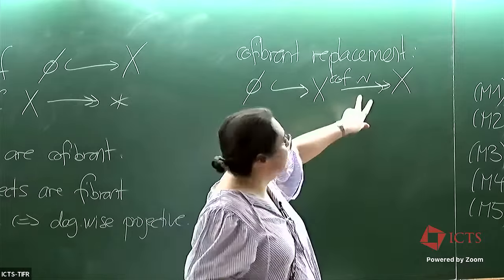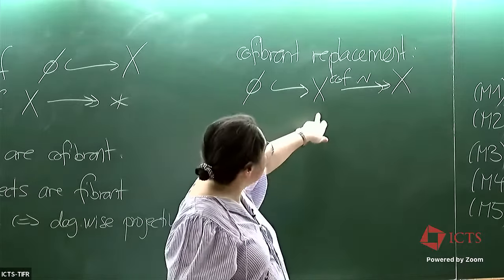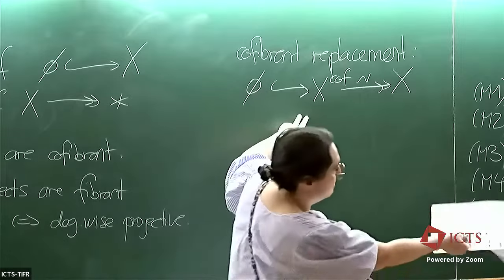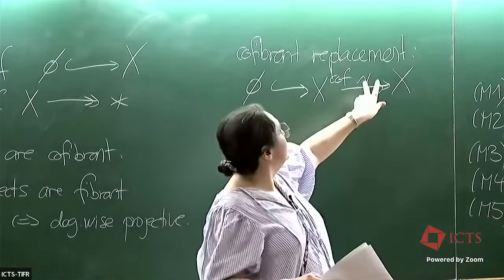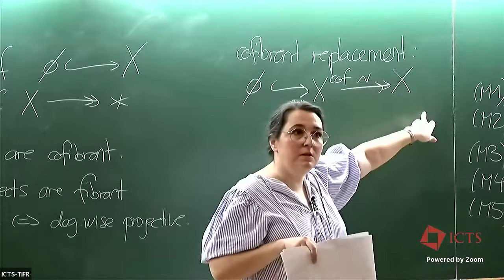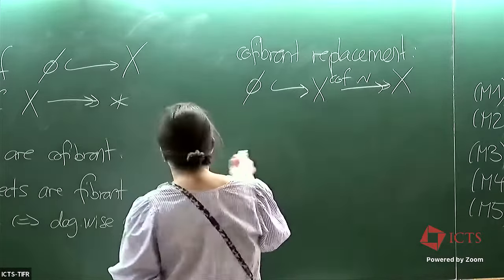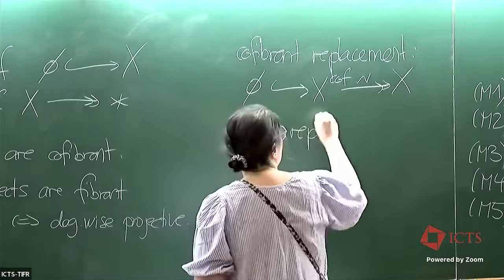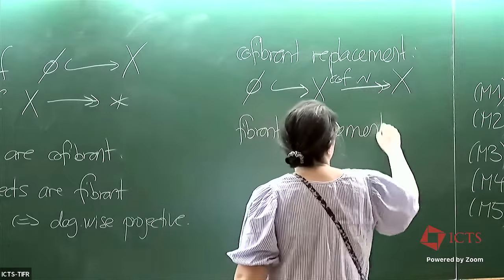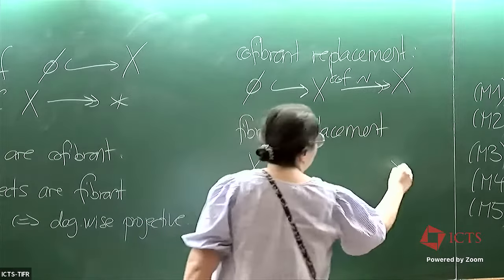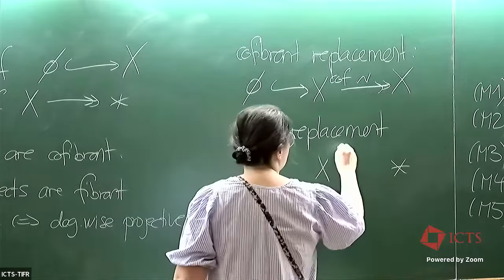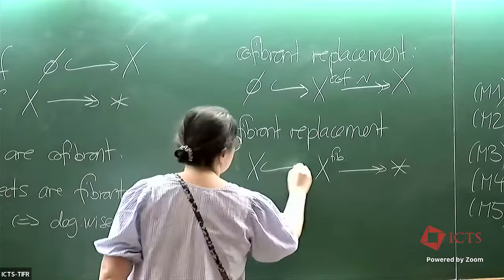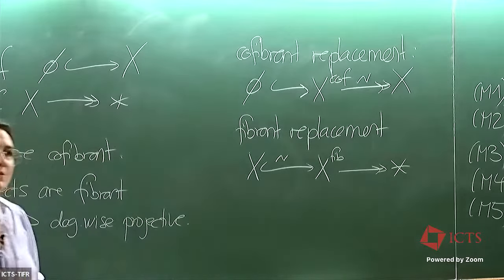I've put the weak equivalence here, and you will obtain an object that is cofibrant, because this map will be a cofibration, and it is weakly equivalent to your original object. And likewise, you can do a fibrant replacement exactly the other way around by factoring this one into something which by definition is fibrant and weakly equivalent to your original thing.